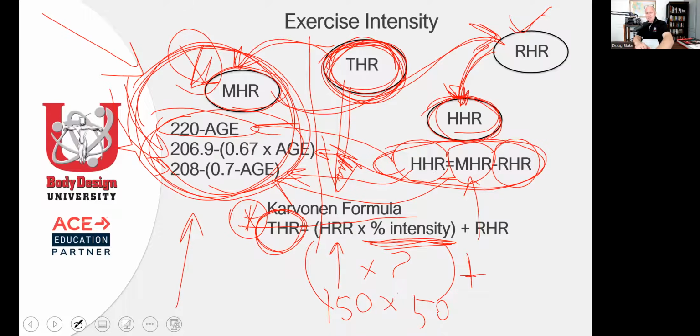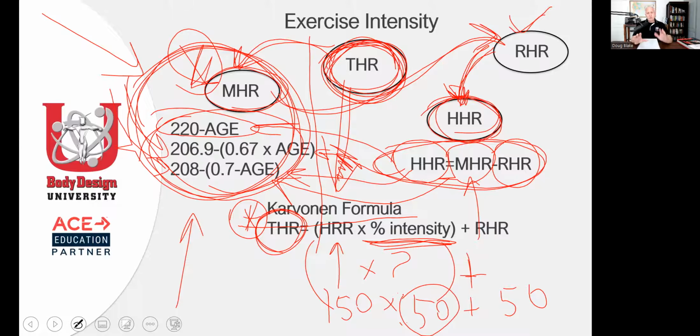I add that to whatever the resting heart rate was. So it's 75 plus the resting heart rate, which in this case was 50. Now, don't confuse these two numbers. This is 50%. I wanted to train at 50% intensity. I added back in, voila, there's my target heart rate.